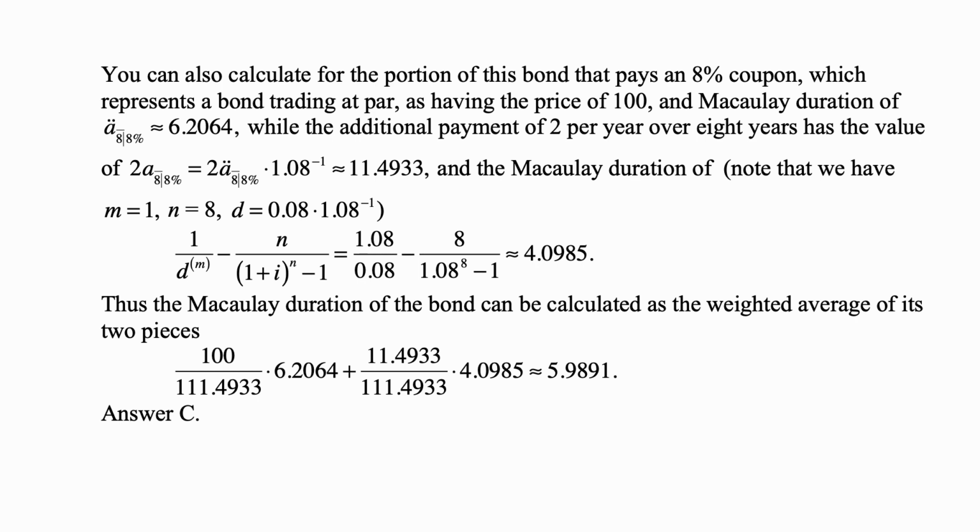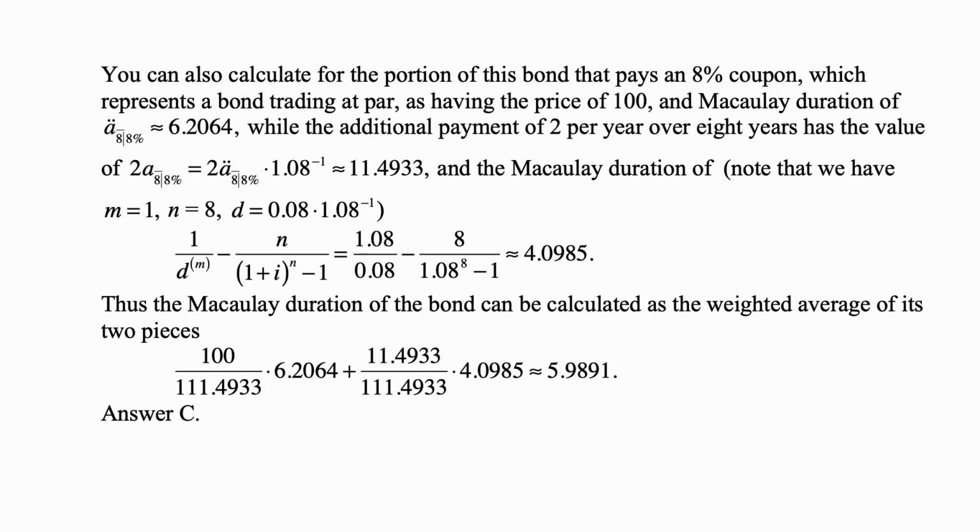And the Macaulay duration of the bond can be calculated as the weighted average of its two pieces, the par value bond and the extra two payments of 2 over 8 years. The total value of the bond is, of course, the sum of the two, so it's 111.4933.